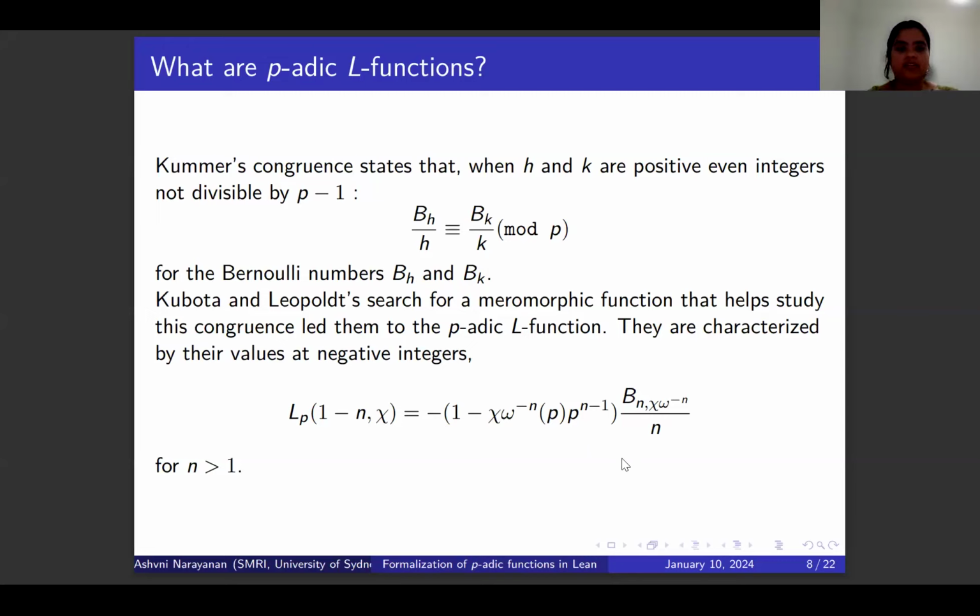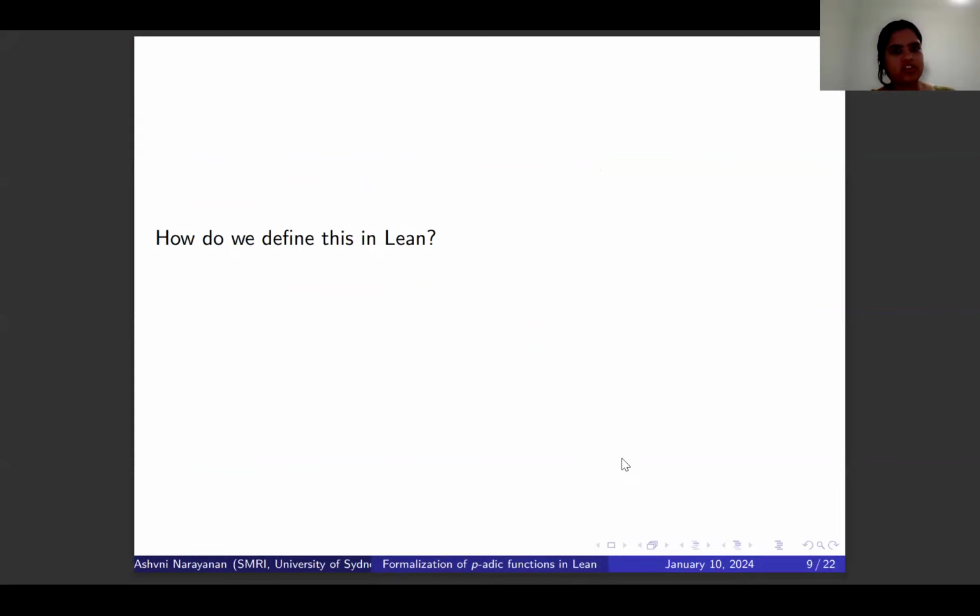So how do we go about defining this in Lean? One problem is that when we speak about meromorphic continuation or extension, we mean extension into CP, which is the p-adic closure of the algebraic closure of Zp. Oh no, sorry. The p-adic closure of Qp and the algebraic closure of that. That is what CP is.